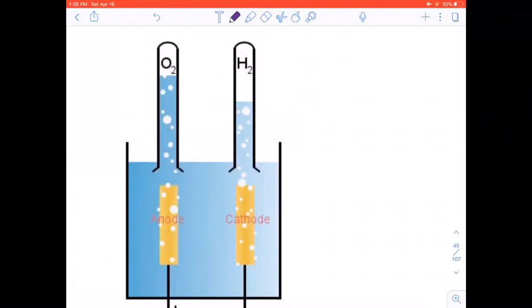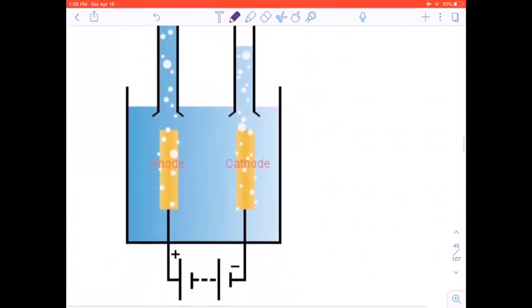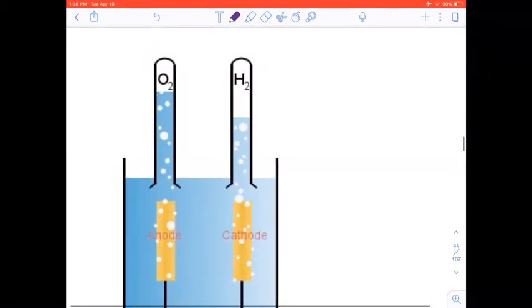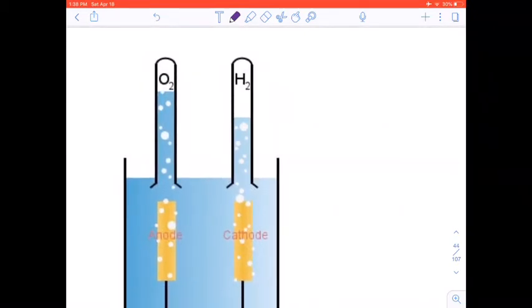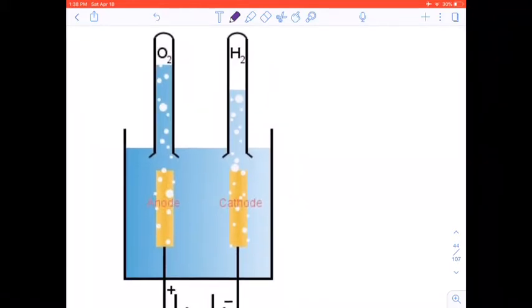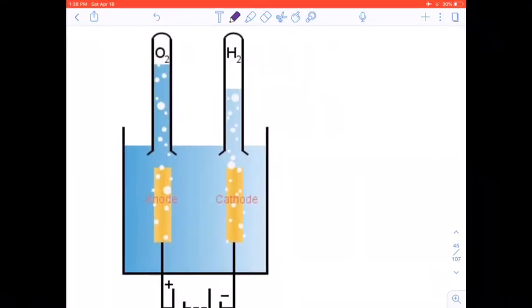Alright, here we have water being electrolyzed. So at a macroscopic level, you've got water being electrolyzed, and we see that we've got hydrogen gas there and oxygen gas here, right?